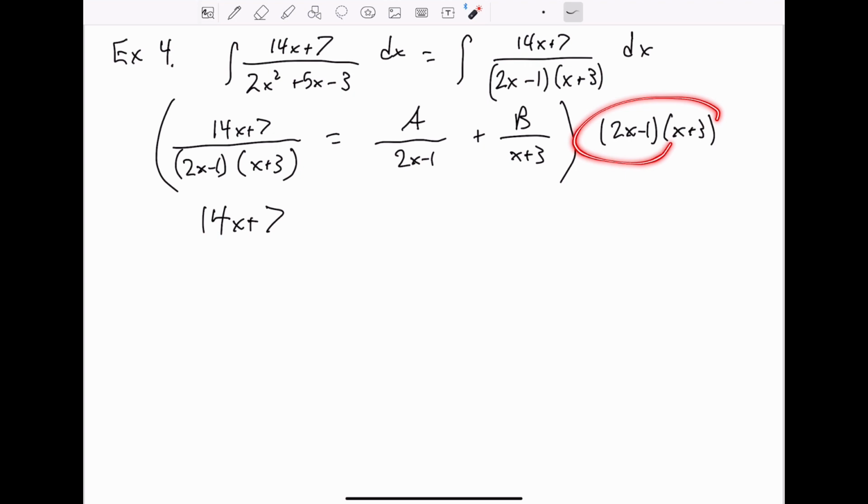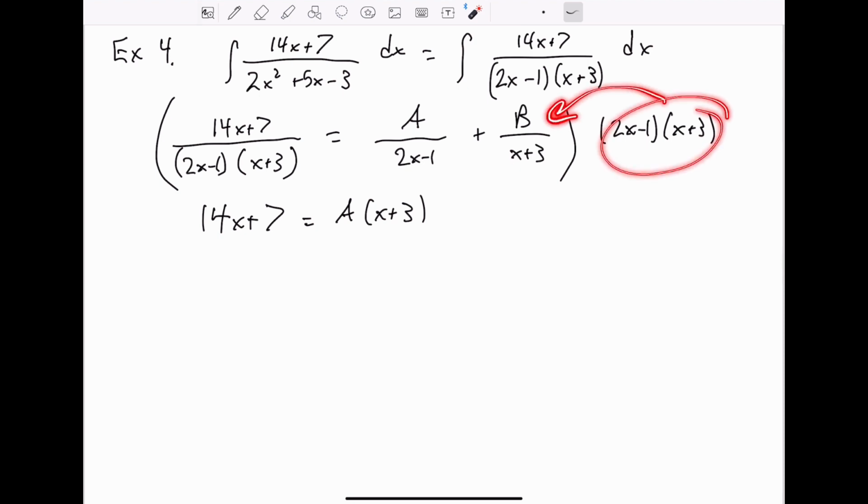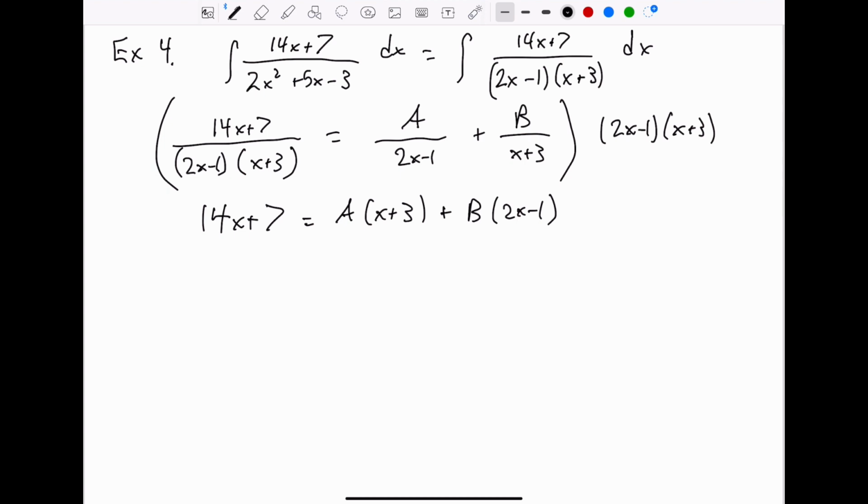On the other side, I need to distribute the denominator to both of those fractions. Once again, when I distribute to the first fraction, the 2x minus 1s will cancel, and I will have a times x plus 3. When I distribute to the second fraction, the x plus 3s cancel, and I have b times 2x minus 1. Now I distribute and group like terms. ax plus 3a plus 2bx minus b.